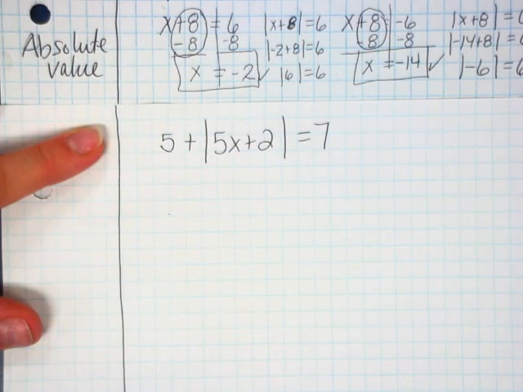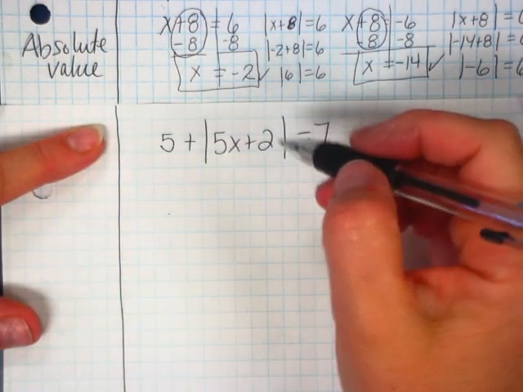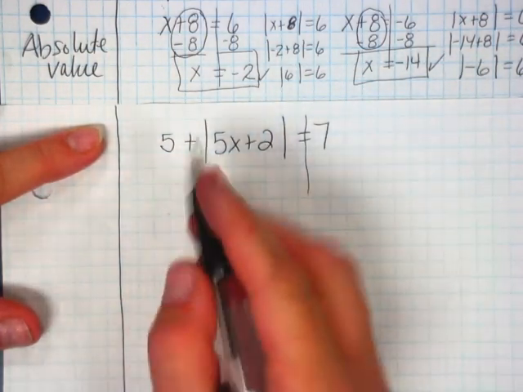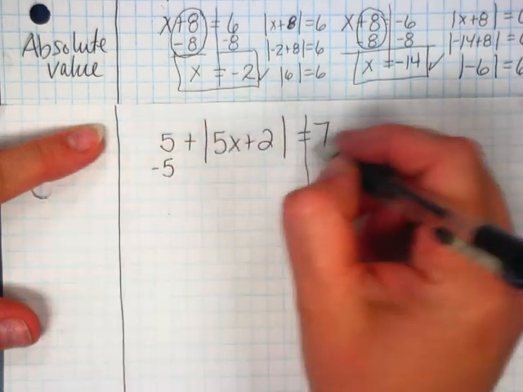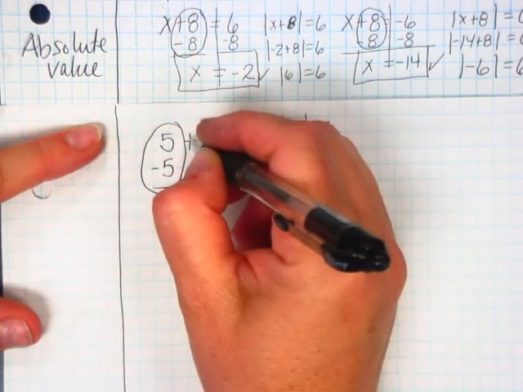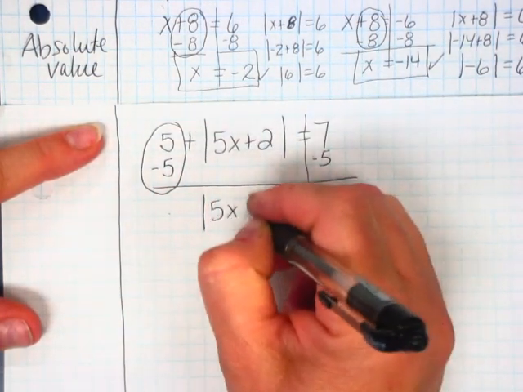All right, so now this one's a little more difficult because we have a number outside of the absolute value and then the numbers inside the absolute value. So the first thing we're going to do is solve and get the absolute value by itself. So we move this 5 by subtracting 5 from both sides. This gives me 0. This is a positive, so I don't really need to move that plus down.